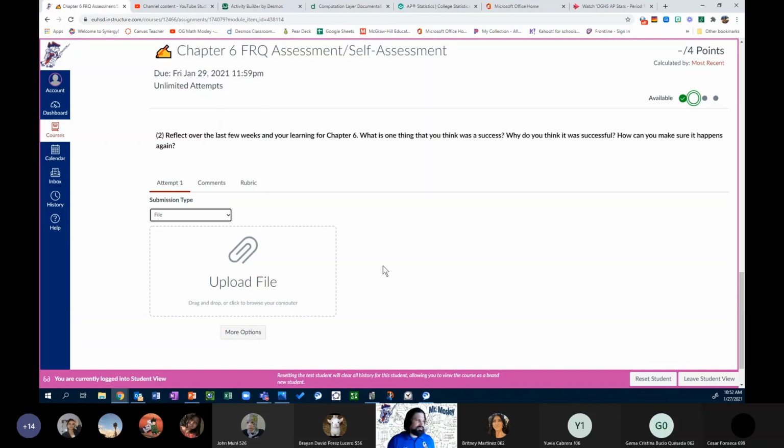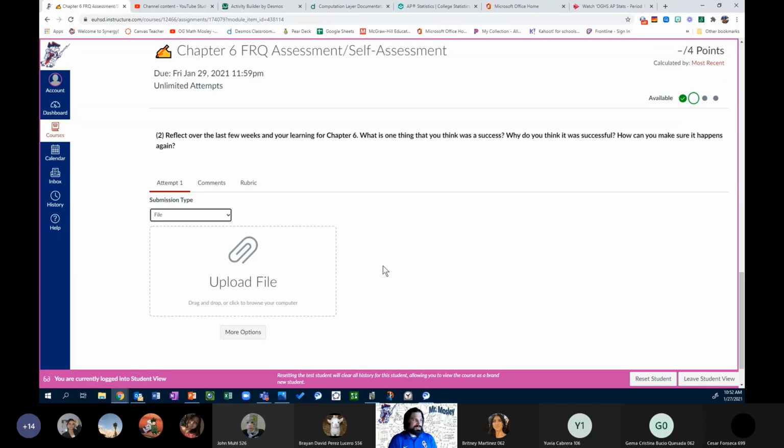You can also attach a file. Remember, with the file upload, you can only upload one file. So that one file needs to contain all of your stuff. So if you're taking pictures of work that you've done by hand and all your answers to the questions, and it's multiple pages, all that needs to be compiled into a single document or a single file.